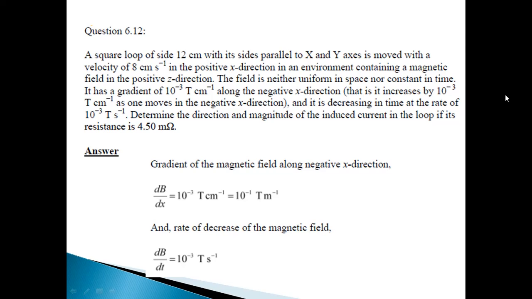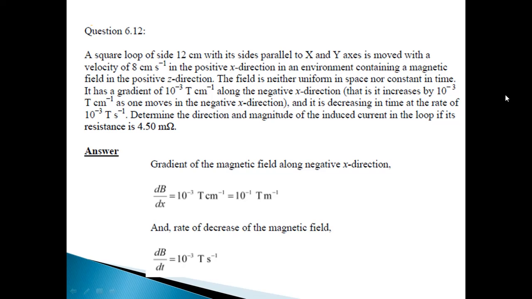The field is neither uniform in space nor constant in time. It has a gradient of 10 to the power minus 3 Tesla per centimeter along the negative x direction. That is, it increases by 10 to the power minus 3 Tesla per centimeter as one moves in the negative x direction. And it is decreasing in time at the rate of 10 to the power minus 3 Tesla per second.